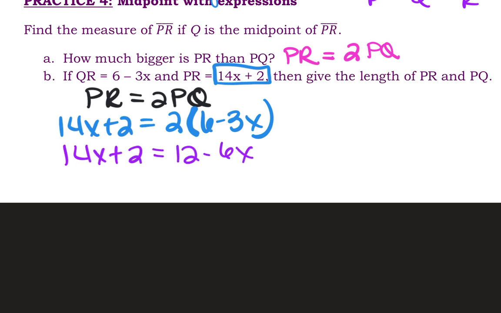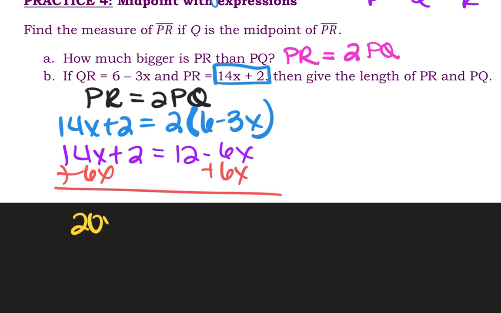All right, let's go ahead and move over the 6x. How many x's do I have? 14 plus 6, 20. All right, so this is the part we have to get pretty quick on, okay? Move over the 2. What do we get? 10.